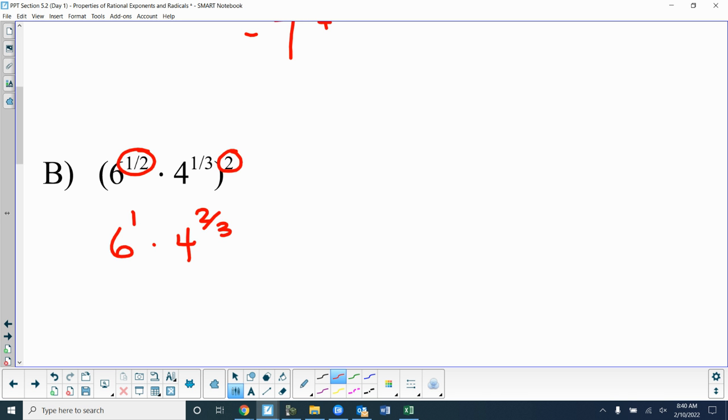The way you can think about it is 1/3 times 2 is 2 over 1, right? 1 times 2 and 3 times 1. Some kids want to do both when you do that. Okay? So that's our problem. Answer in simplified form.